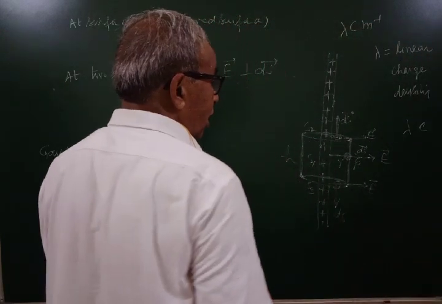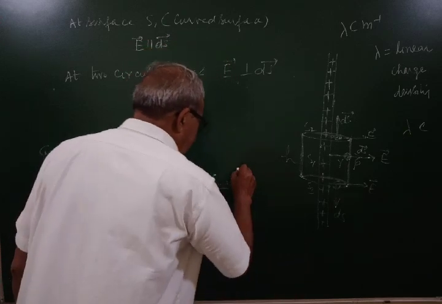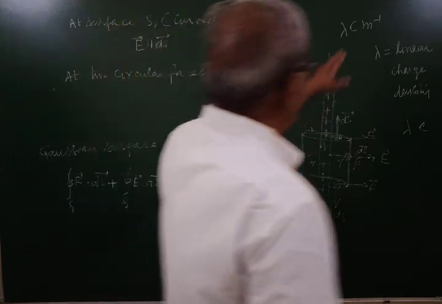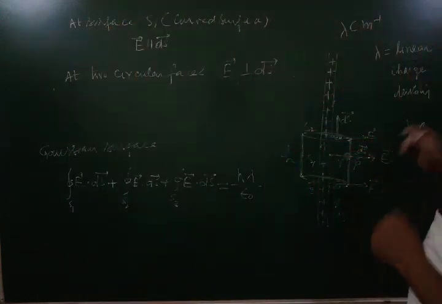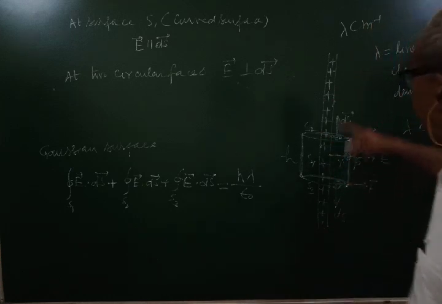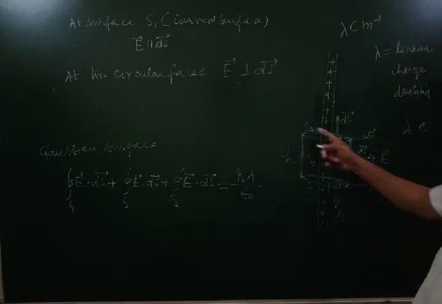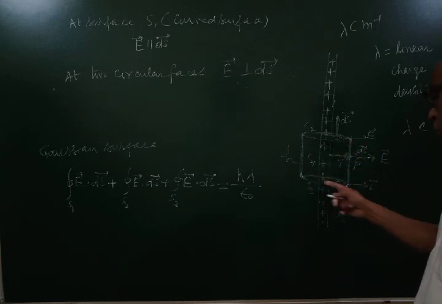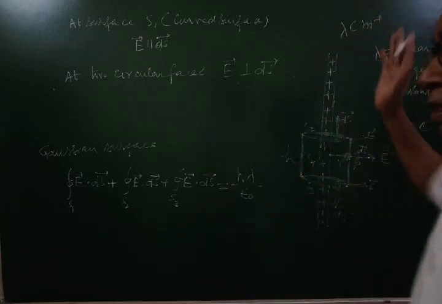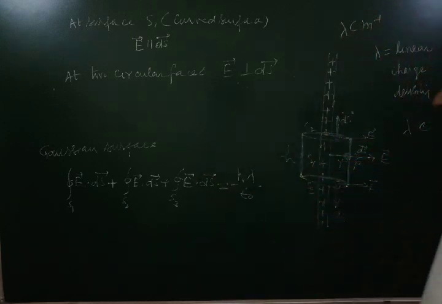So what is the charge on h meter length? h into lambda, upon epsilon 0. We take the total charge inside the surface, not outside, which will be h into lambda.